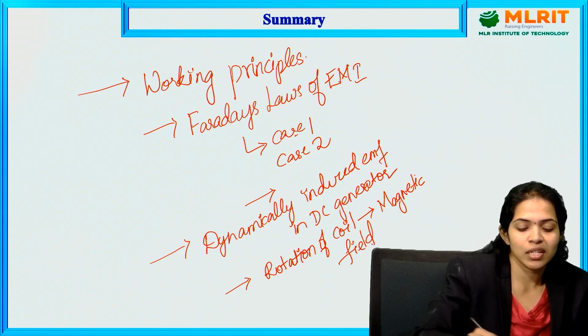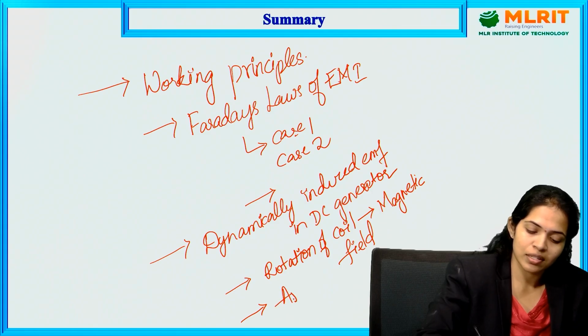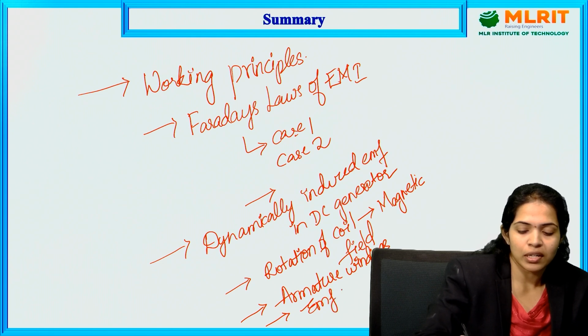Then we have seen types of armature windings. Then we have discussed the EMF equation of a DC generator.